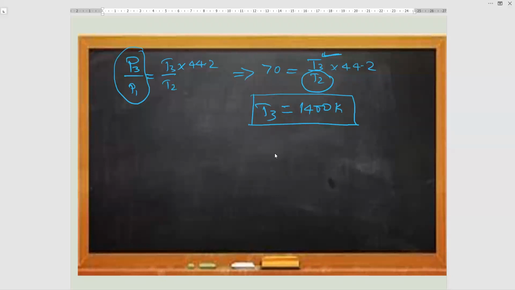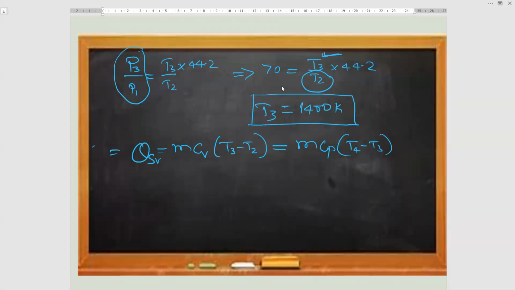Now you have calculated T1, T2, T3. It is left to calculate only T4 and T5. Now, dear students, one equation he has given: heat supplied at constant volume, that is mCv (T3 minus T2), is equal to heat supplied at constant pressure. It is given in the numerical.